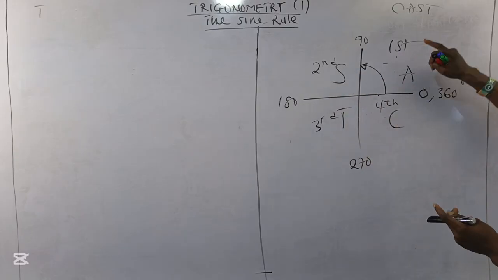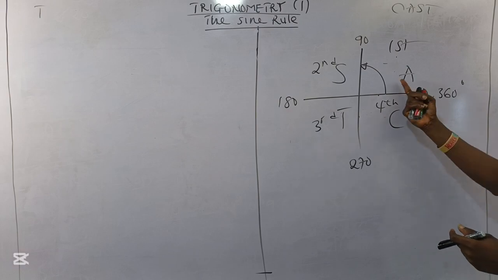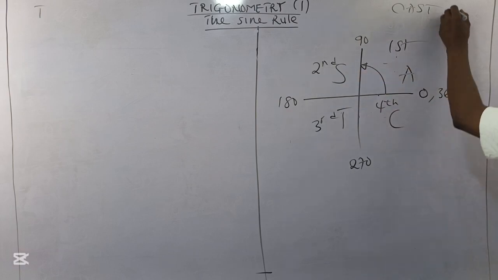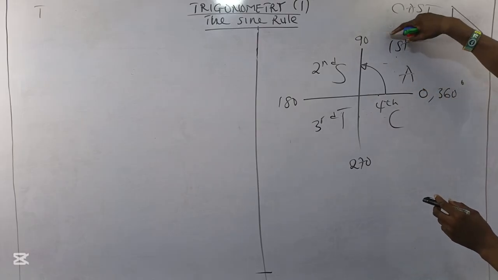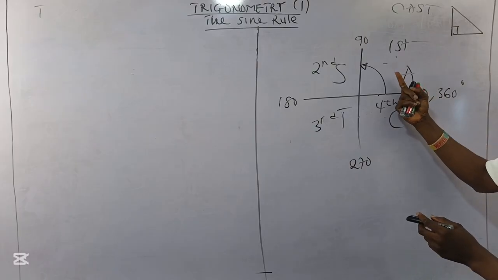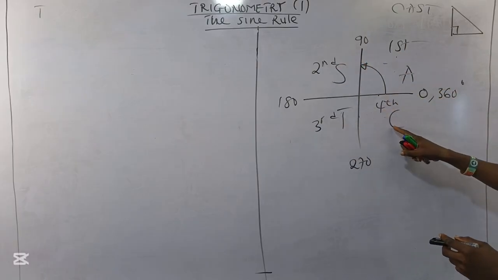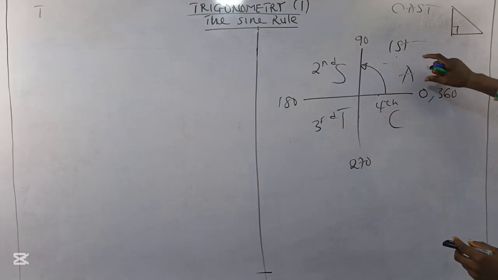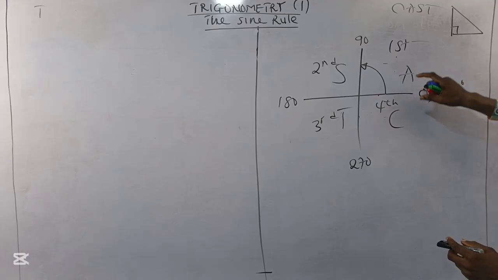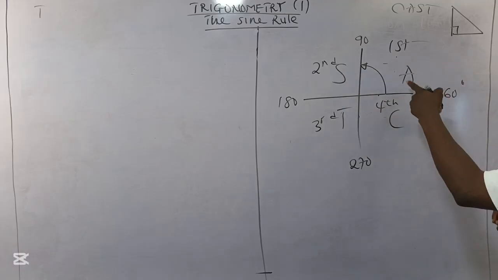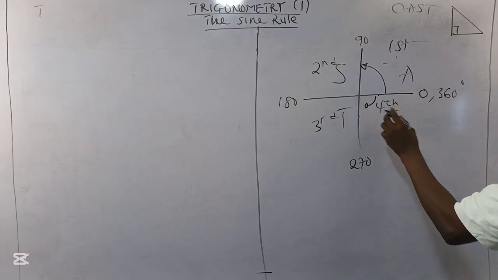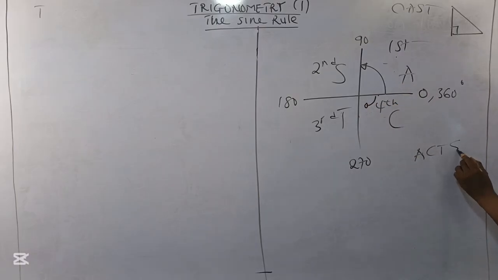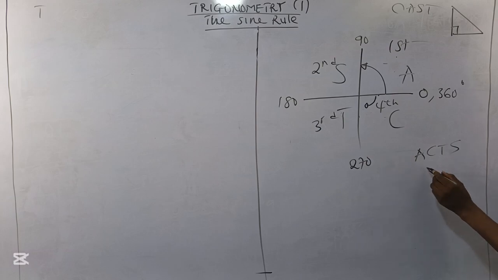Meaning, I get my first, second, third, and fourth quadrant, moving in the anti-clockwise direction using the right angle we just drew. Now, if I want to spell, I will still start from my A, which is the first quadrant, but I will now move in the clockwise direction to spell the word ACTS, just like the Acts of the Apostles.